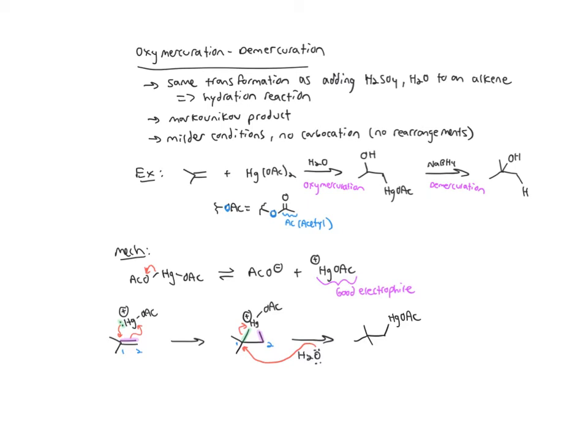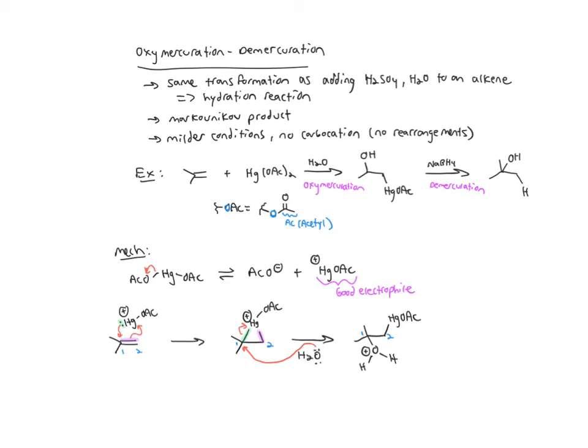So we're going to have our oxygen attached to where carbon 1 is. And then we broke open the ring, and so now that mercury is not attached to carbon 1 anymore. It's gone, but it's still attached to carbon 2.